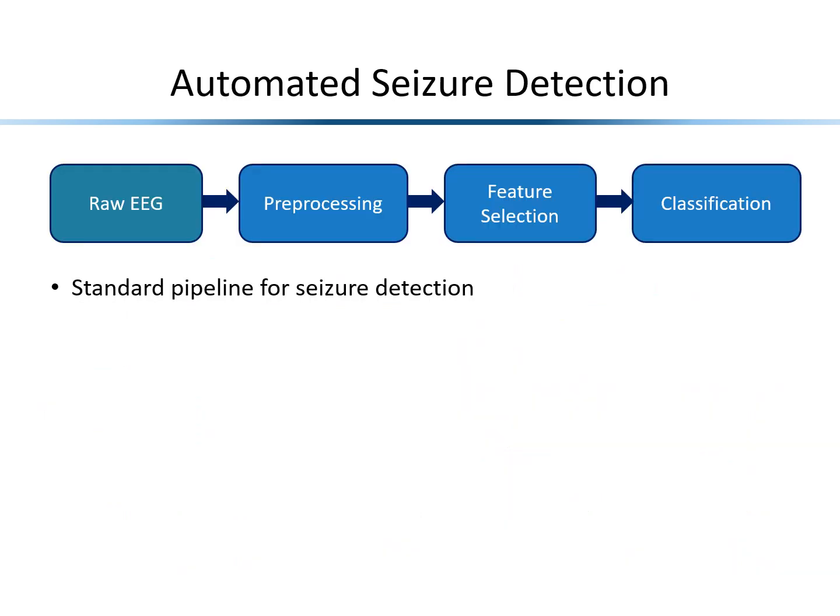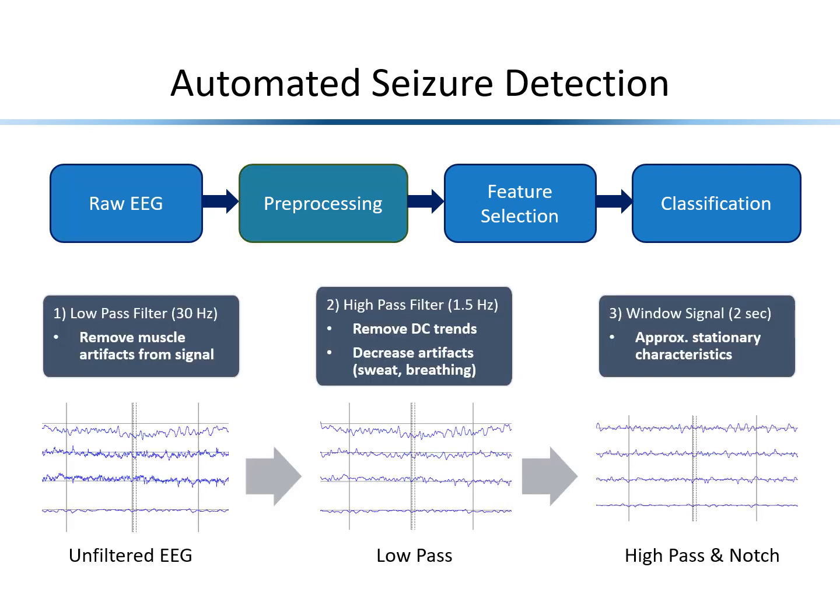Now, with that said, automated seizure detection has been an active area of research for the past 3 decades, and it's really the most common application of signal processing and machine learning tools in epilepsy. Automated methods are roughly organized into the 4-stage pipeline shown on the slide. First, the raw EEG signal is pre-processed using a combination of filters.